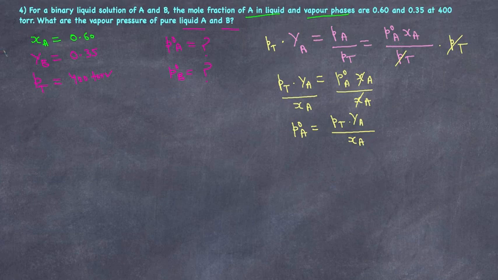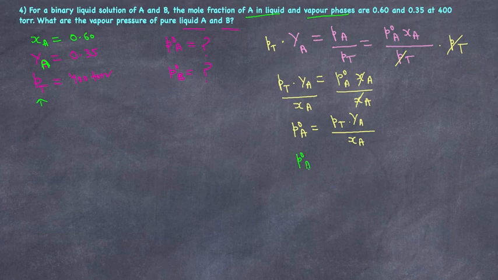And look at what is given to us. PT is given. YA, we can calculate YA from here because YB is 0.35, sorry, it is YA, not YB, because it says mole fraction of A in liquid and vapor phase. So mole fraction of A in liquid and mole fraction of A in vapor phase. So YA is given. So let's plug in the values.